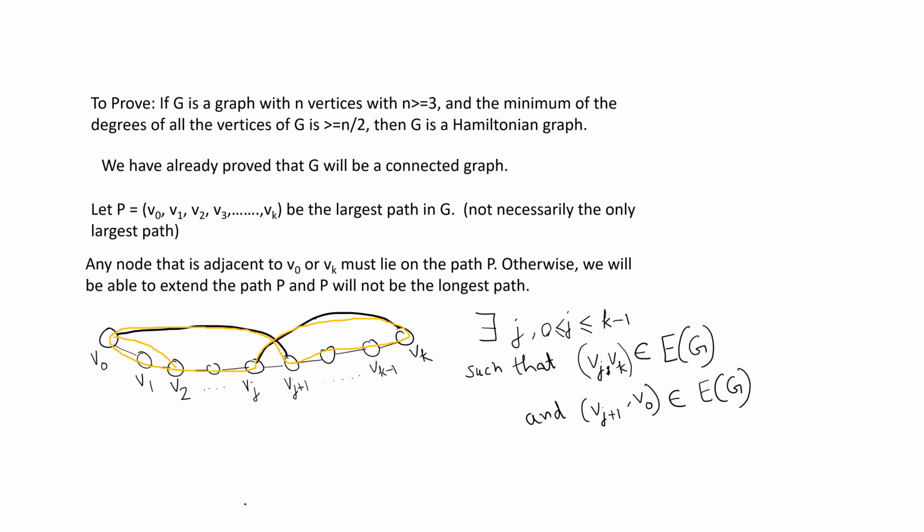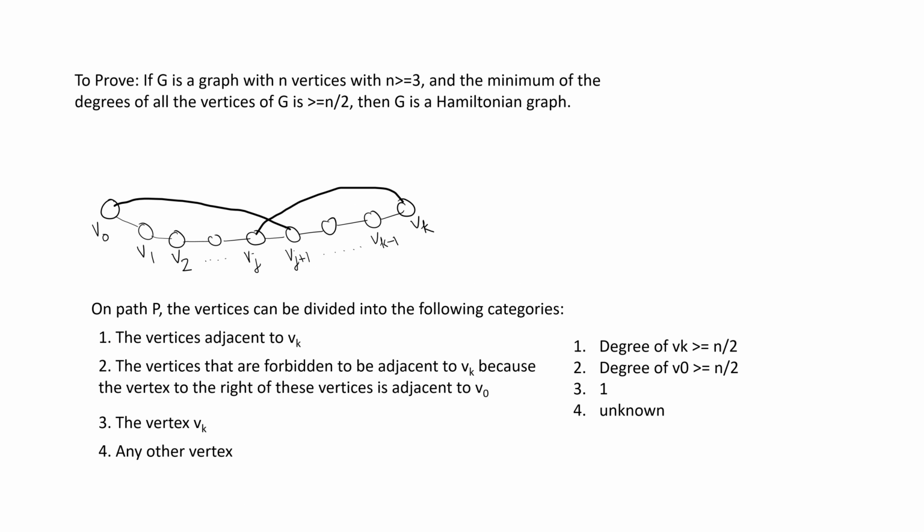To understand the consequences, let's divide all these nodes into different groups. All the vertices on this path can be divided into the following 4 categories. 1, the vertices which are adjacent to Vk. 2, the vertices that are forbidden to be adjacent to Vk because the vertex to the right of these vertices is adjacent to V0.